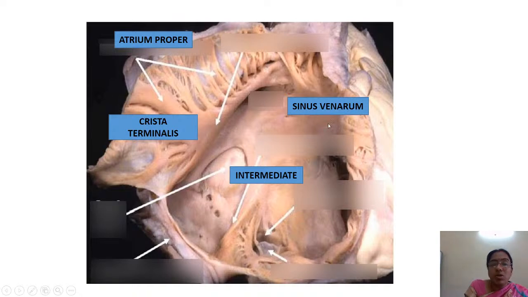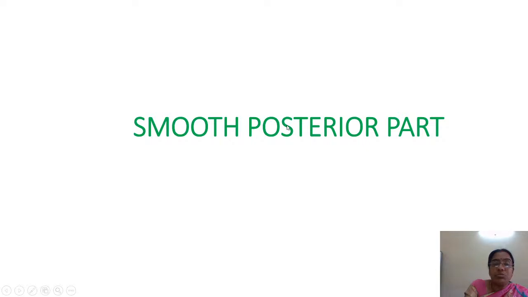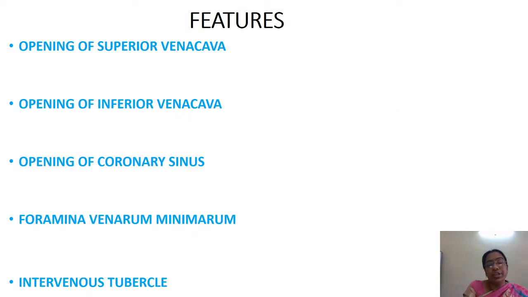The features you see in the smooth posterior part are the opening of the superior vena cava, the opening of the inferior vena cava, the opening of the coronary sinus, the foramina of the venae cordis minimae (the smallest cardiac veins), and the intervenous tubercle. These are the valves that will be present.